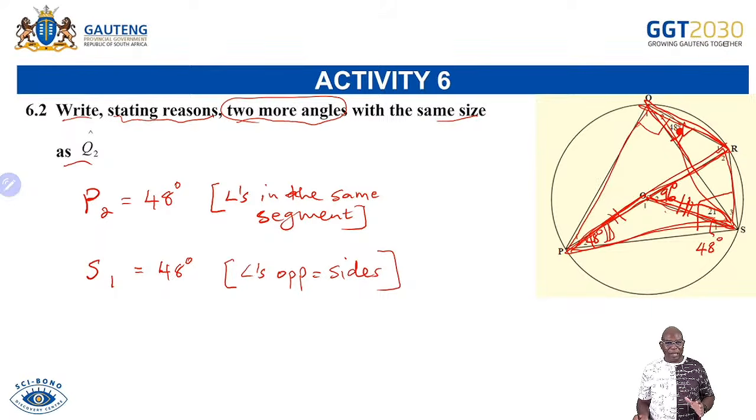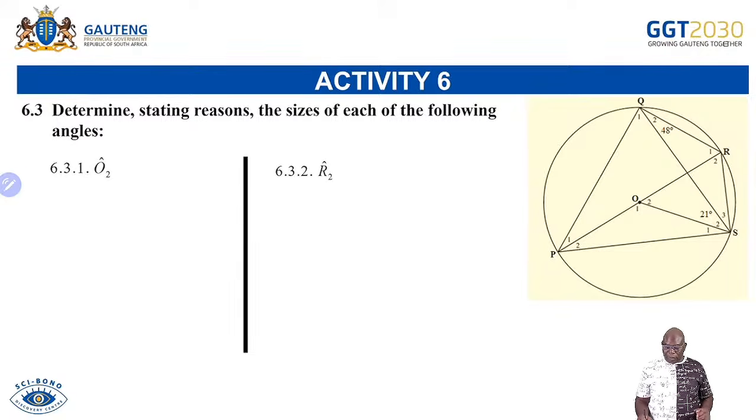No other reason except angles opposite equal sides. If I'm given the angles and I need to say these two lines are equal, it will be sides opposite equal angles. So please, these are the only acceptable ones. No other reason will be accepted. We are very strict with the reasons. If the reason is not correctly put, you are not getting any mark. This is very important for you to understand. We are very strict with marking that type of question.